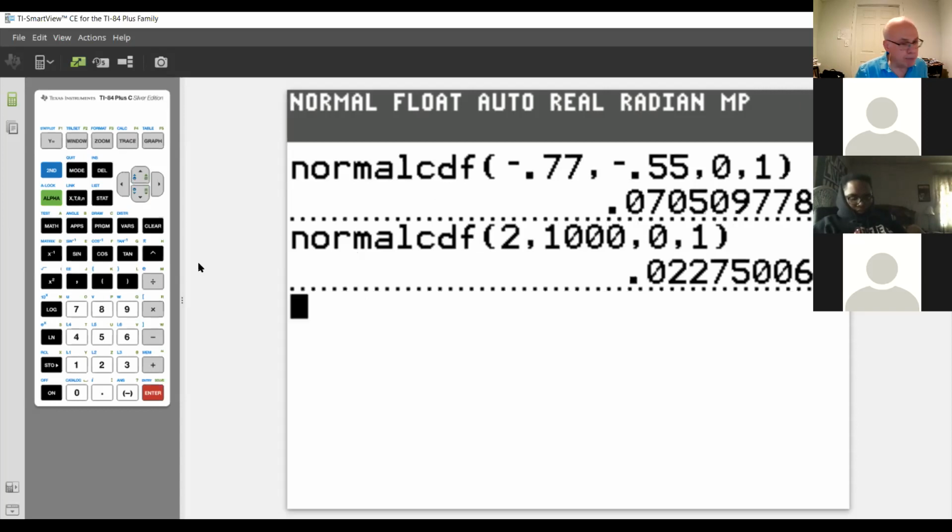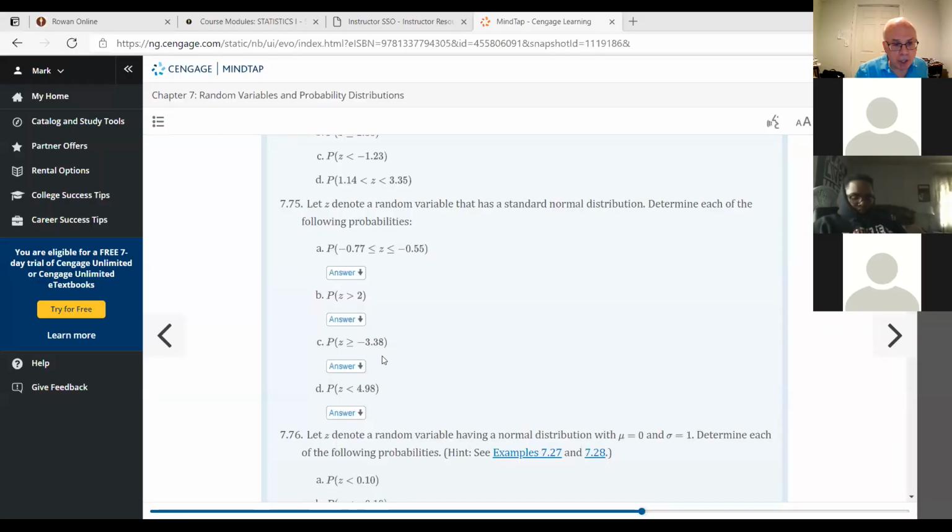Okay, C. Probability that z is greater than or equal to negative 3.38. Now, negative 3.38 is to the left of 0. It's asking for the probability of being greater than that, so we know it's going to be a large probability.